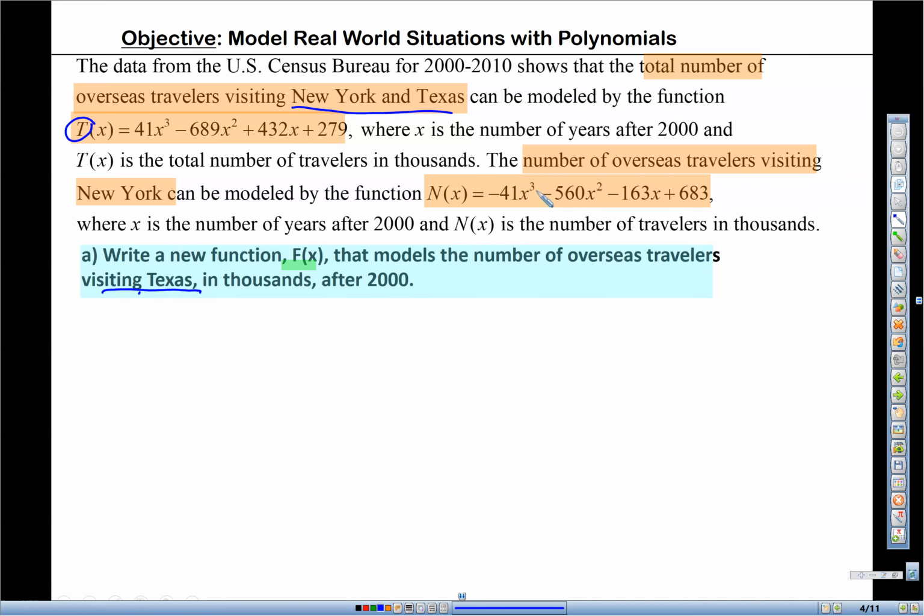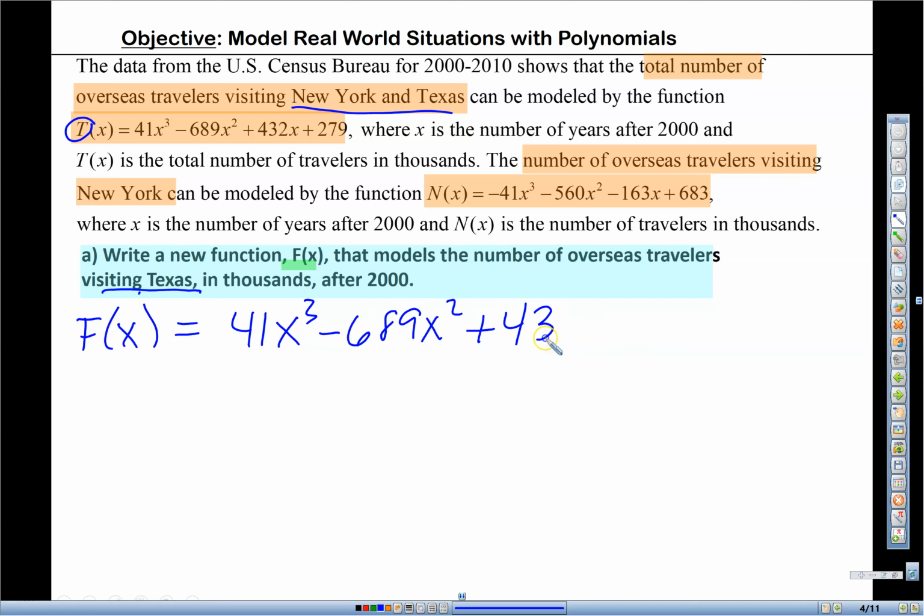So we are looking at subtracting. Make sure that you understand the subtraction order here. You need to take the total, which is your t of x function, and then from that, you subtract the n of x, which is New York, and get New York people out of there.